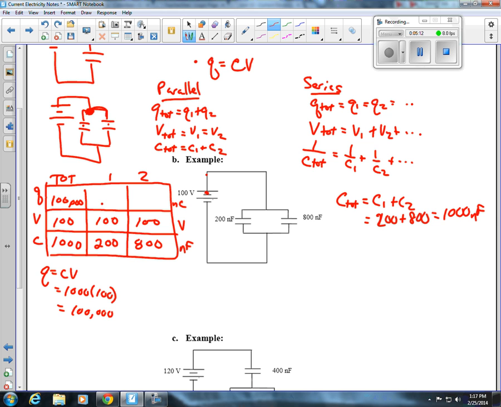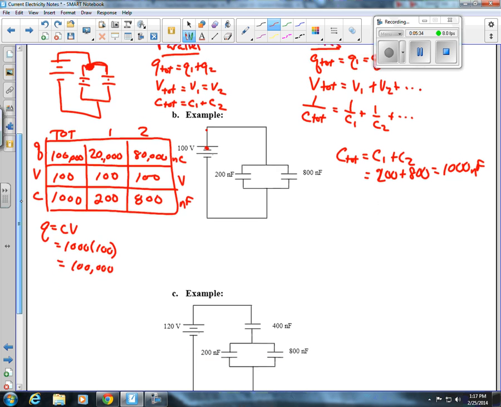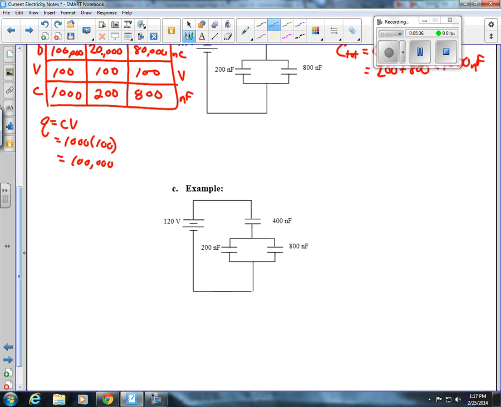Because whatever loop I take, I'm only going to go through one of the capacitors, so they have to have the same voltage as the battery. Then I do Q equals C times V again, so 200 times 100 is going to give me 20,000. And then 800 times 100 is going to give me 80,000. And those 80,000 plus 20,000 adds up to 100,000. So it works.